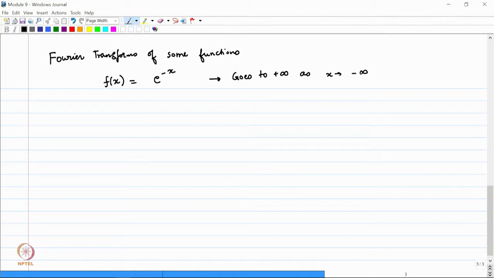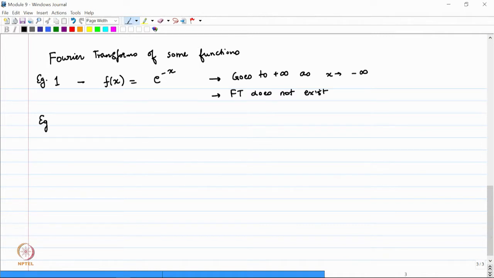So, when x goes to minus infinity, this function goes to infinity, so the Fourier transform does not exist. This is the first thing. So, you cannot take the Fourier transform of e to the minus x. This is the first example.